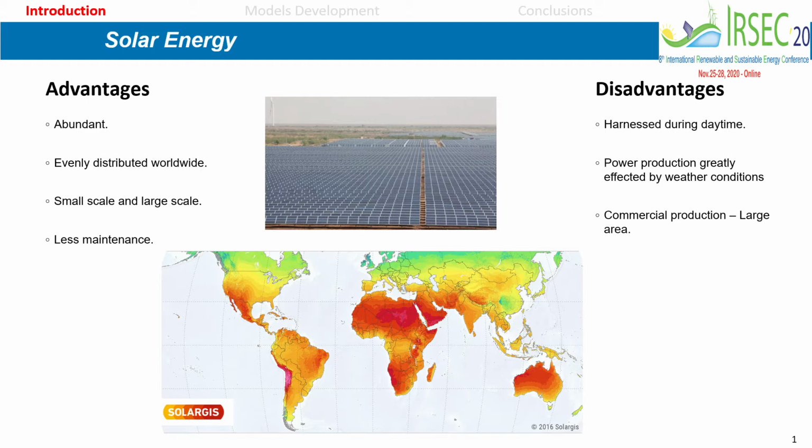The power production is greatly affected by the weather conditions, and I will talk about that particularly for desert conditions, because in this analysis I will be presenting, we are looking into the effect of desert conditions in terms of temperature and wind and so on. And of course, another disadvantage is commercial production and the requirement for large areas.